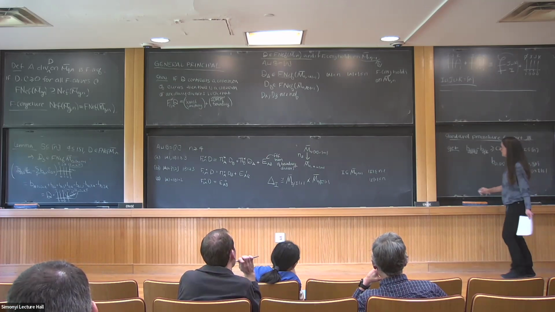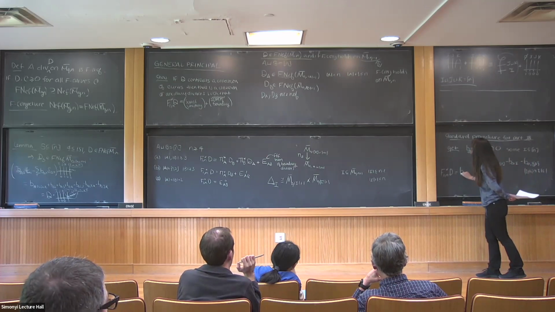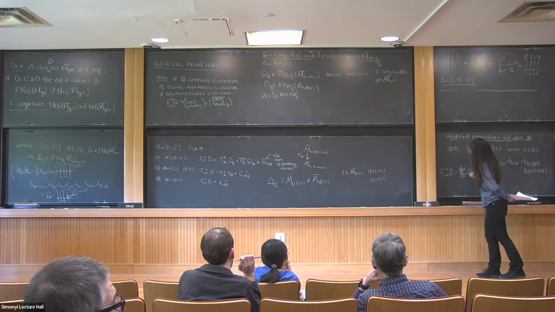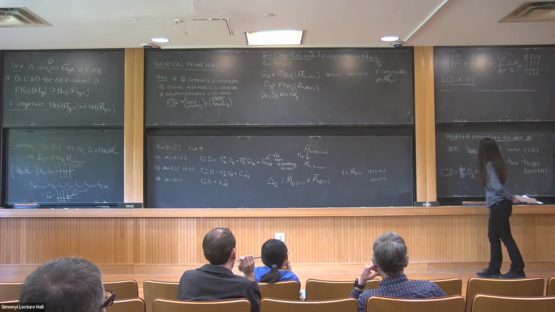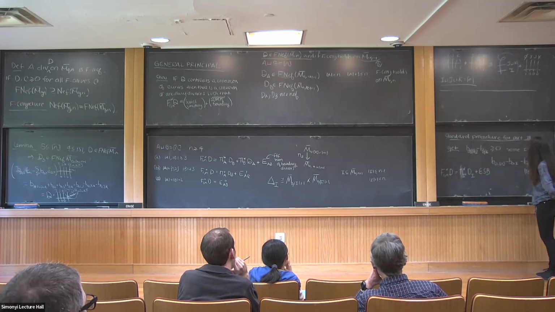And then in this case, you can write F1n pullback of D as pi I complement pullback of DI plus effective sum of boundary. And in this case, there's a little bit left over.